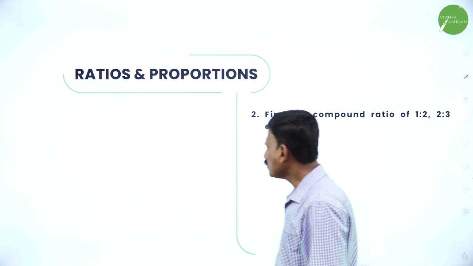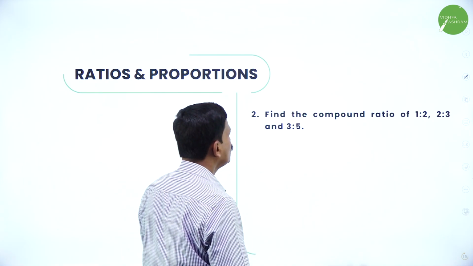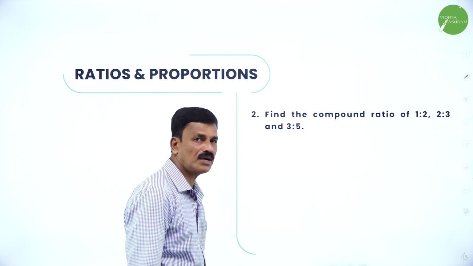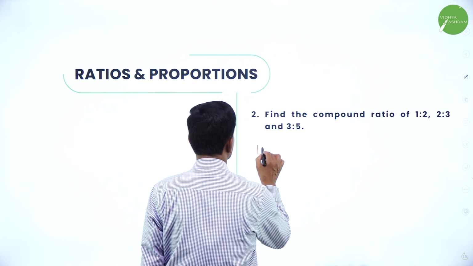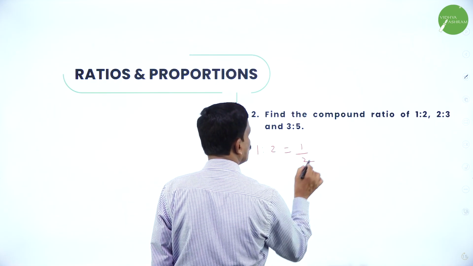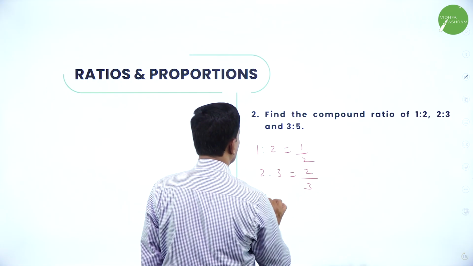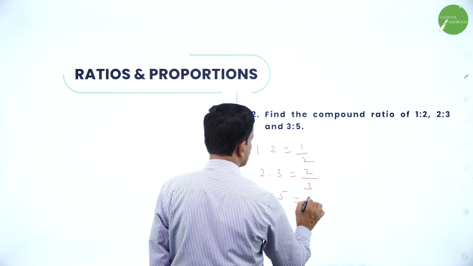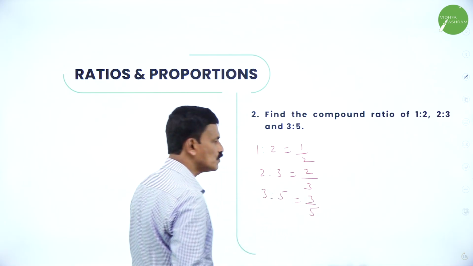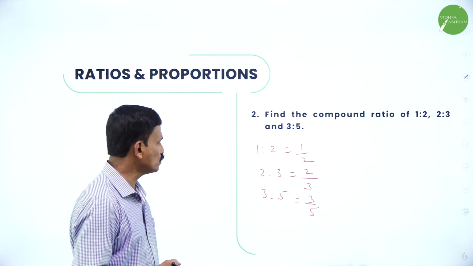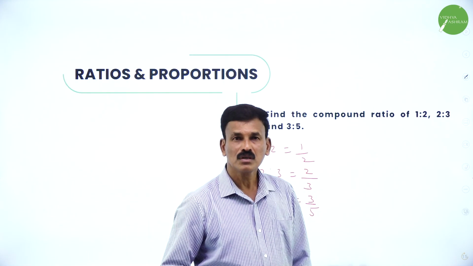Now, take one more example. Find the compound ratio of 1:2, 2:3 and 3:5. What is given? 1:2 means 1 by 2, 2:3 is equal to 2 by 3 and 3:5 is 3 by 5. We have to find the compound ratio, so just multiply.